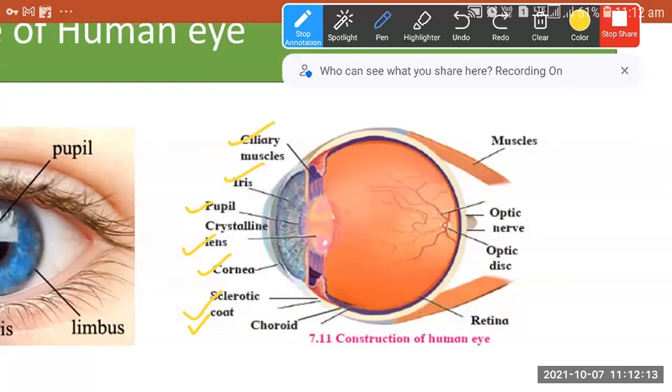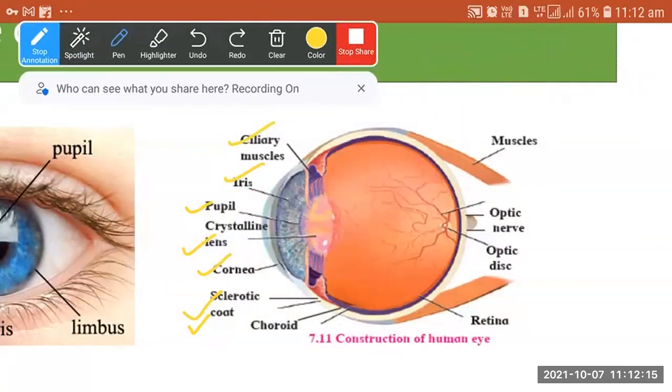Okay. Now let us see the another part of the eye. You have the muscles on the back side, means inside how the structure of the eye is. Then you have muscles. Then you have the optic nerve, optic disc, and the retina. So you should be familiar with these terms.